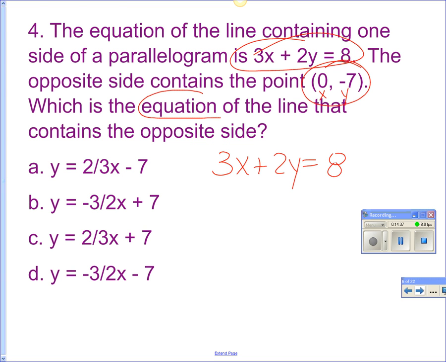Yes, Tamara? Good. Equation of a line. What formula is that? Y equals mx plus b. Okay. Dylan, something else that I should circle. Parallel, yep.